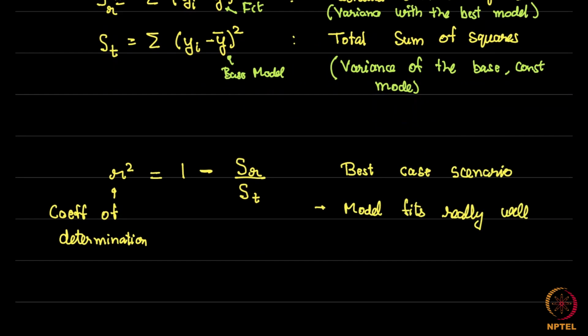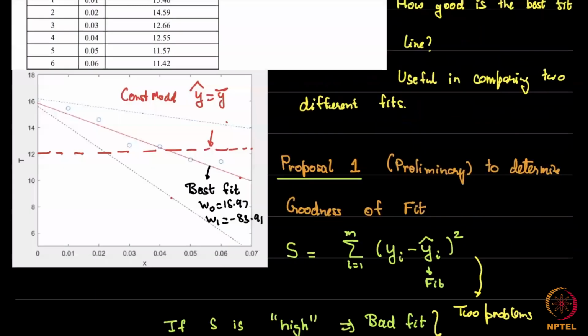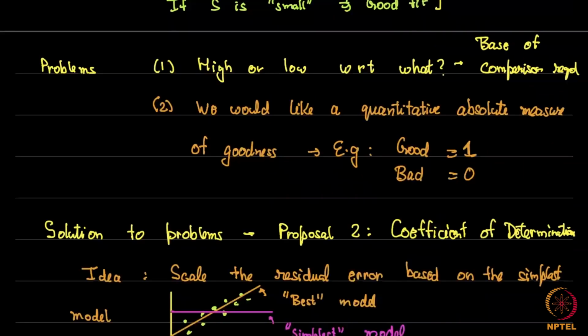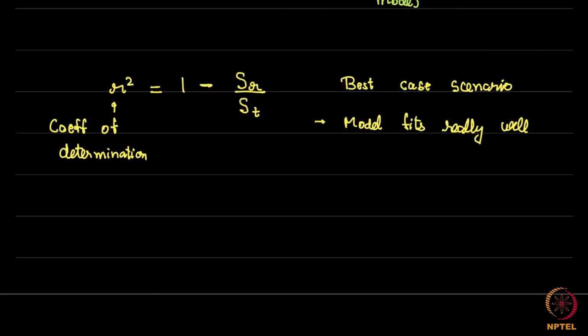For example, in this case, let us say every single point lied on the best fit line. In that case, the error of the actual model SR will be 0. So this means R square will be 1 minus 0, which is equal to 1. So this is a good fit. This satisfies the condition that we had talked about, that you get a good fit in case your error is 0.